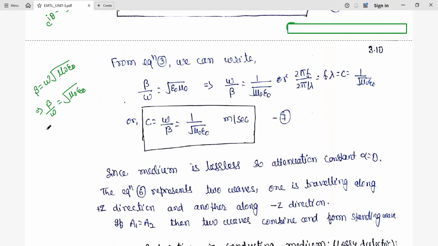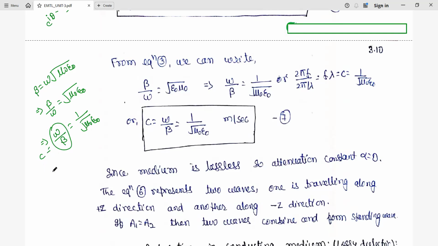And previously we have seen that the speed of light c equal to 1 by root under mu naught epsilon naught, so we take the reciprocal of this. We have omega by beta equal to 1 by root under mu naught epsilon naught. So finally this omega by beta is going to become the velocity of light.